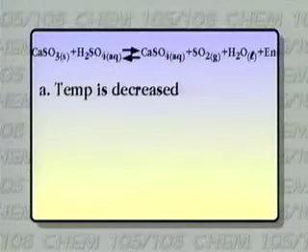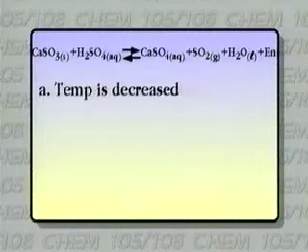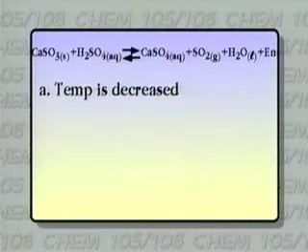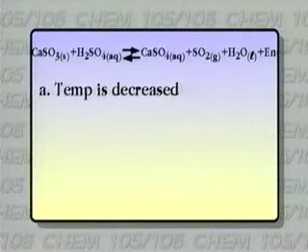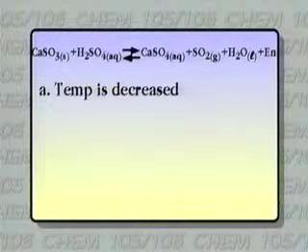Okay? Well, let's look at one more here, this one being an exothermic change now. We see energy is given off this time. This time it says, what will happen to the equilibrium if we decrease the energy? Okay, so we've got the energy now as a product this time instead of a reactant.